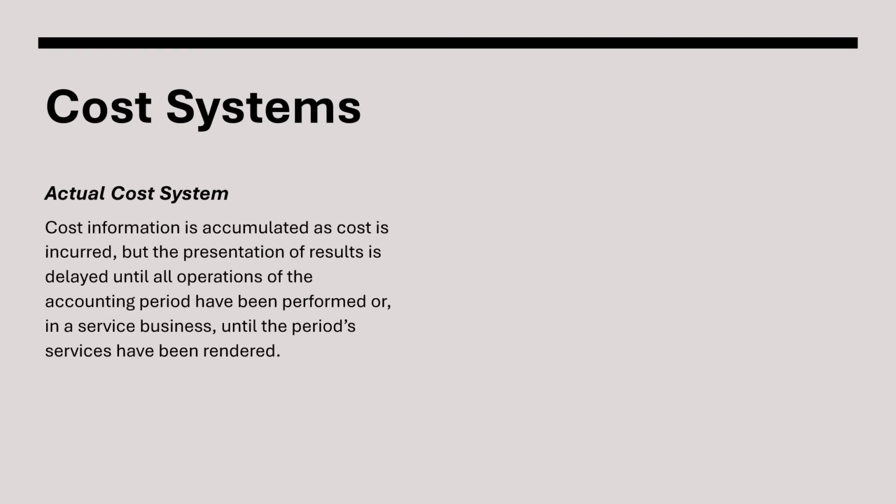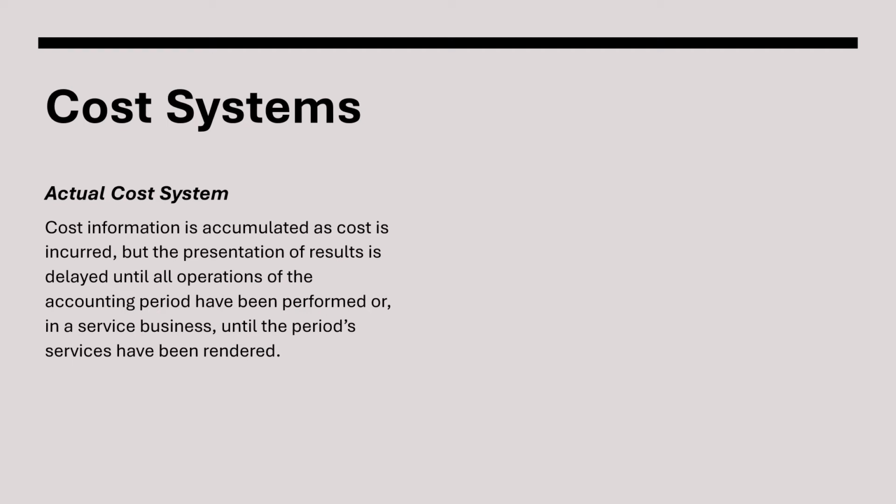An actual cost system refers to cost information that is actually accumulated as cost is incurred, but the presentation of results is delayed until all operations of the accounting period have been performed, or in a service business until the period services have been rendered. So this is actual cost, okay?